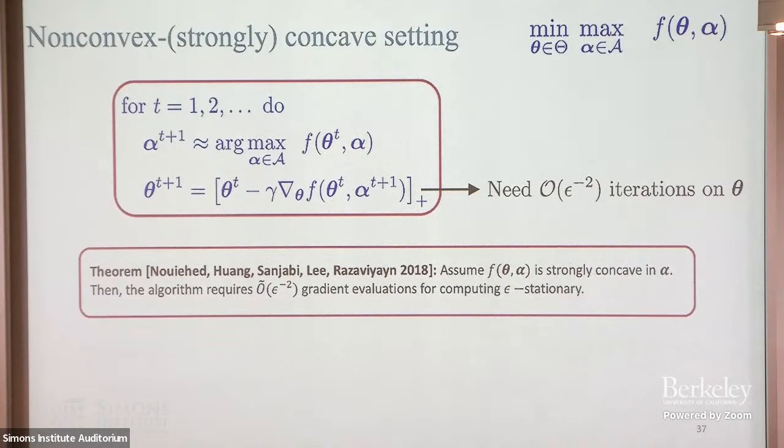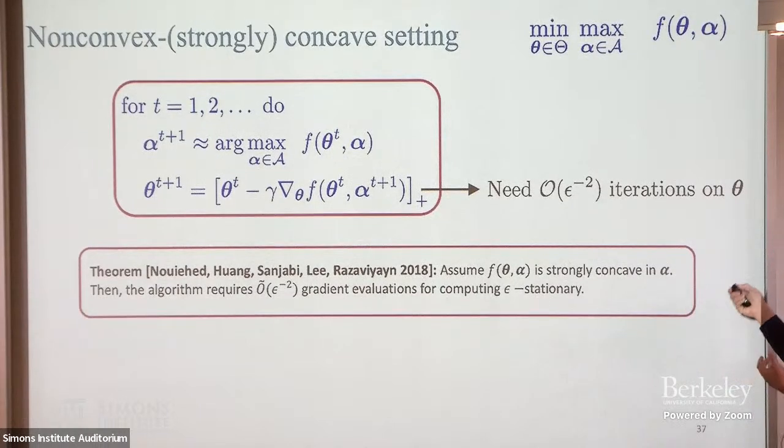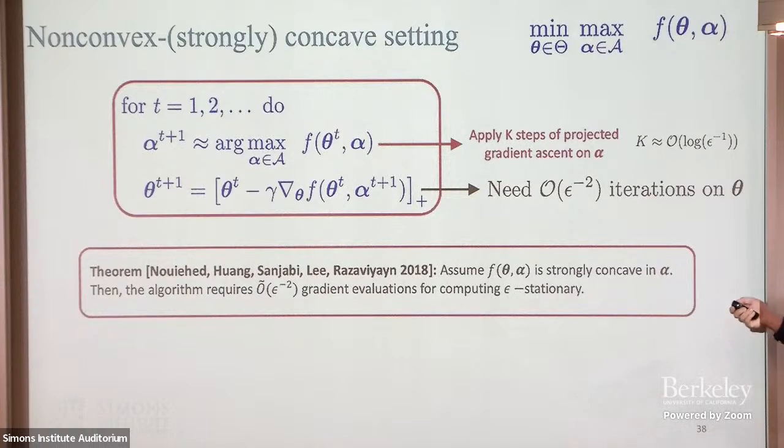The reason for this rate is that you are mimicking the behavior of gradient descent on the function G, which is this max. From the classical result of non-convex smooth minimization, you need order epsilon to the minus 2 iterations on theta. And this is strongly concave, so you have logarithmic dependence on epsilon.